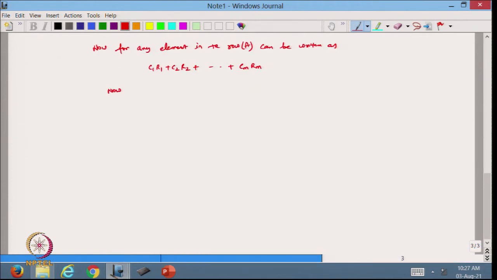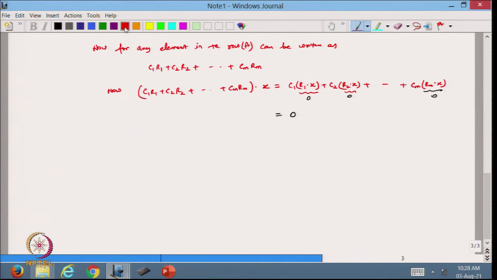Now, I take this element, it can be any element, and I take the dot product with x. From the definition of the dot product, I know that this will be equal to C1 R1 dot product plus C2 R2 dot product up to Cm Rm dot product, and these values we already know are 0, 0, 0. So that is equal to 0.